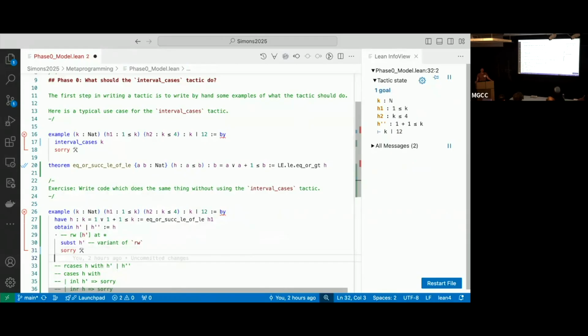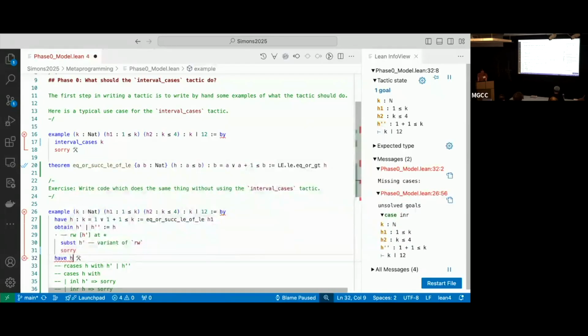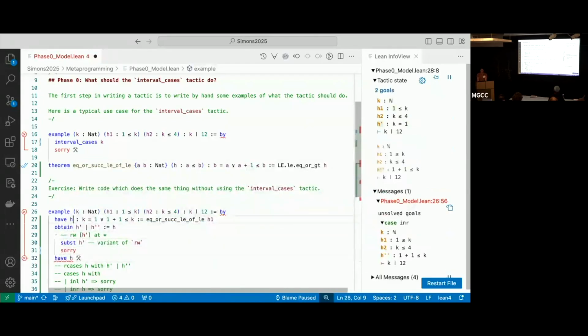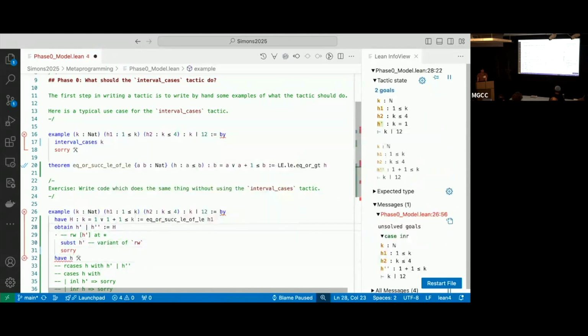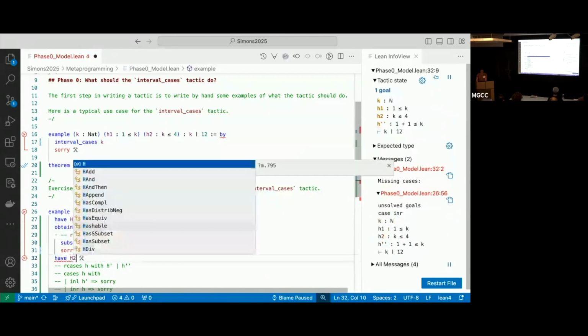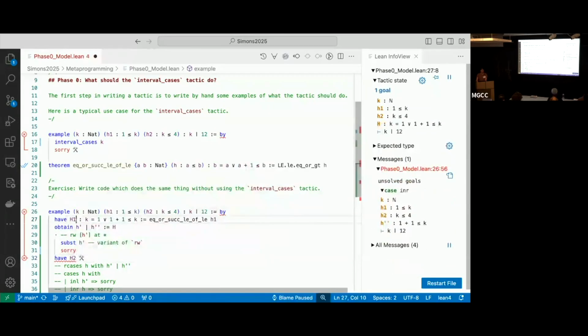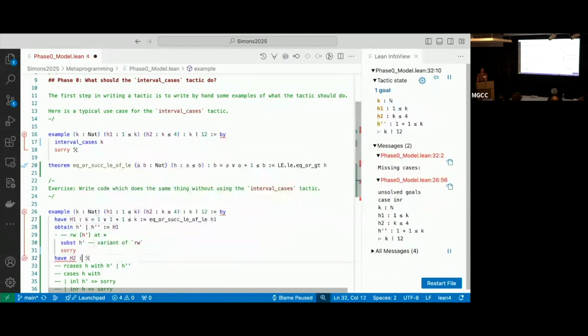We have H2: K equals 2 or K is bigger than. I think I've got an H2 name taken, so I'm not even sure what a good naming convention is. Maybe I'll call these big things that I'm splitting up along the way with capital H's, and then I can call this one H2, and the previous one we can have called H1. So have H2.